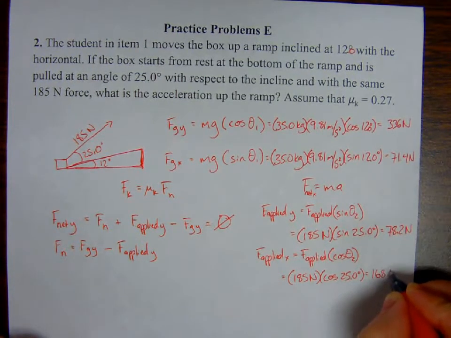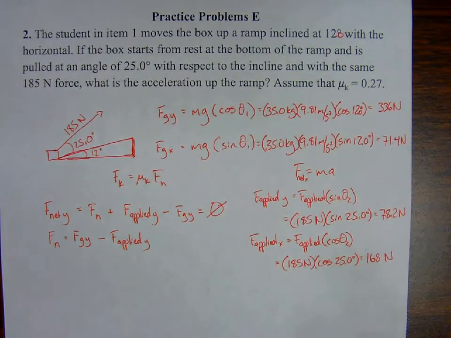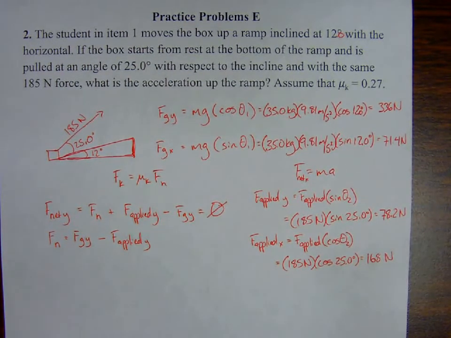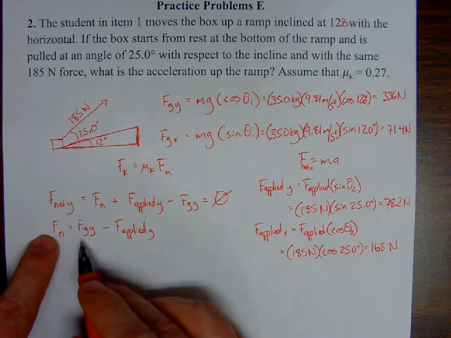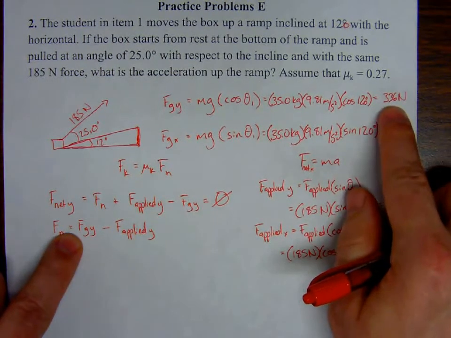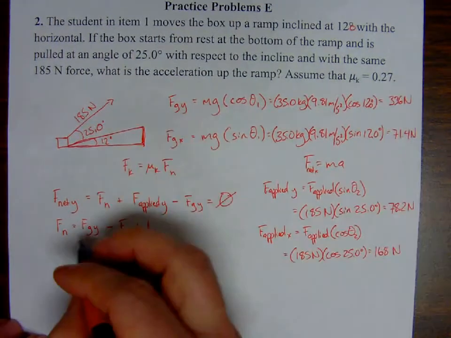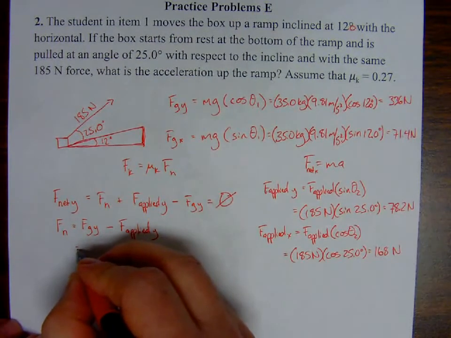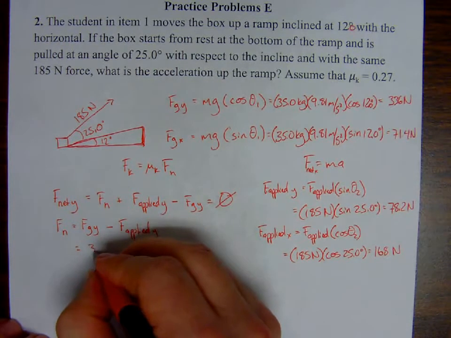Now that I have my normal force, I can plug that in here. I already have my coefficient of kinetic friction, so I solve for my force of kinetic friction, which is 0.27 times 258 newtons.